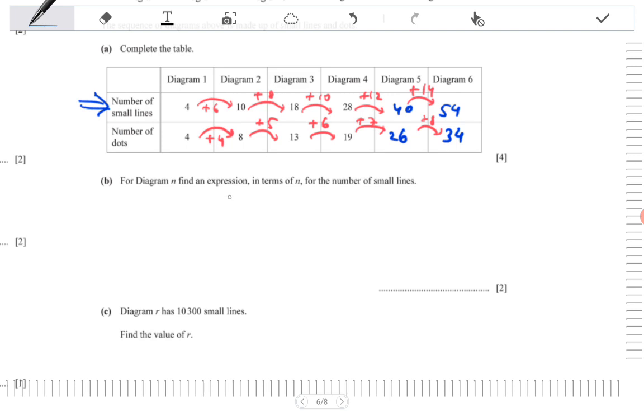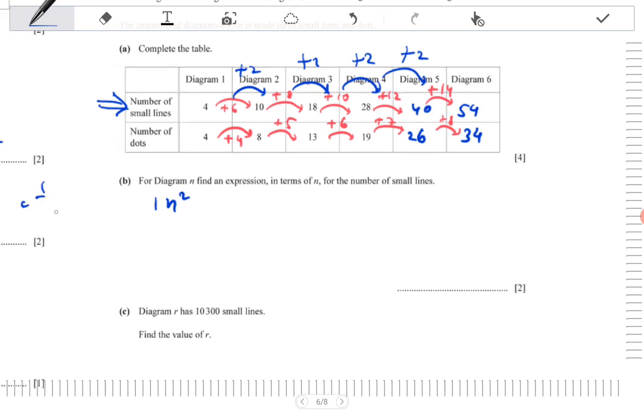Okay, so the second order difference is constant, plus 2, plus 2, plus 2, plus 2. It means the coefficient is 1 n square, half of 2 is 1. So this is the coefficient of n square, as you see here.